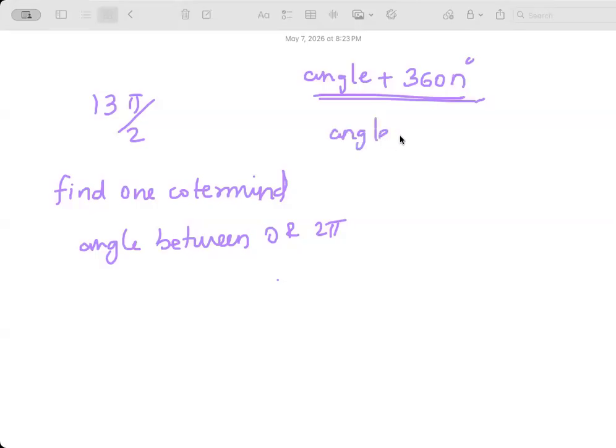If it is in radians, it should be angle plus 2 pi n. N can be positive or negative. But here, to find the coterminal angle that lies between 0 and 2 pi, what is given is 13 pi by 2. It is more than 6 pi. So what do you do?